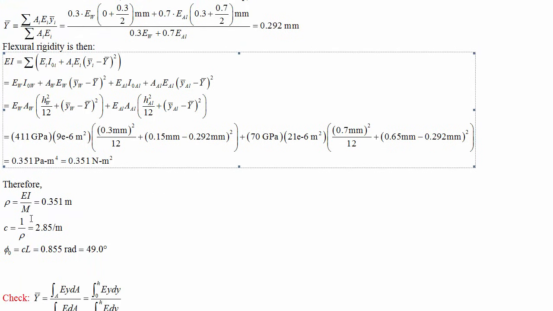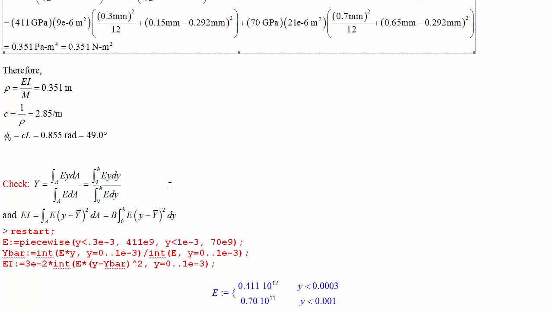Therefore, in response to the moment of 1 Newton meter, we find a radius of curvature of 0.35 meters, curvature of 2.85 per meter, and an angle for this 30 centimeter beam of 49 degrees.